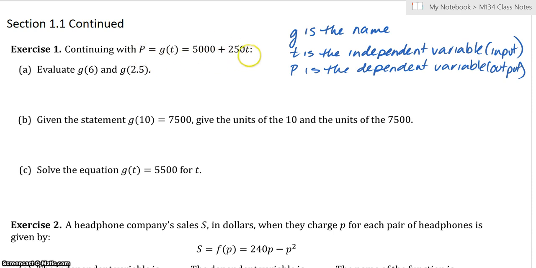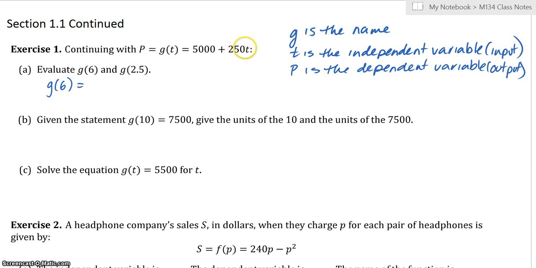And if you remember, we had p is equal to 5,000 plus 250t, which is the same thing as g of t. So what they're asking you to do in this exercise is evaluate g of 6. I'll go ahead, if you want to pause it and try it, but I'll go ahead and just give you an example of how to do g of 6 if you're not sure. So what you're going to do, 6 is the input, it's the t.